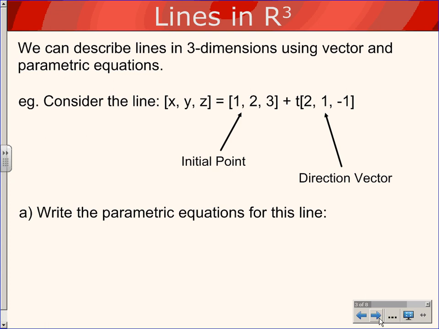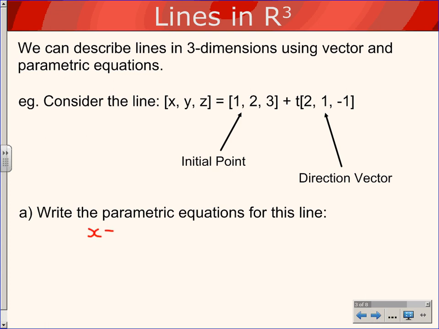So consider that line, and it says write the parametric equations for it. Remember, I was saying our parametric equations were much more helpful for calculations, and that's still true here. So what we're going to do is take our parameters and break it up into pieces.